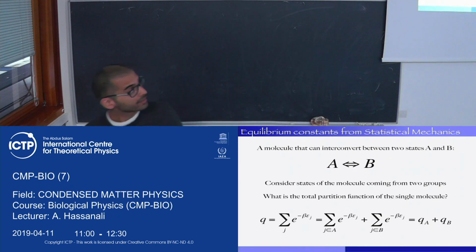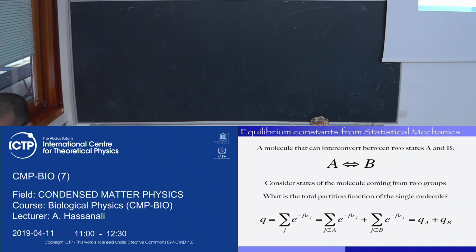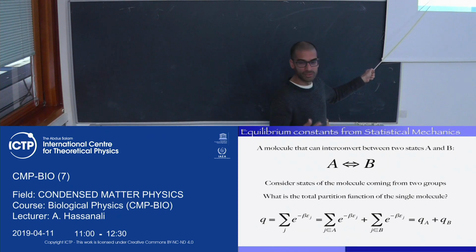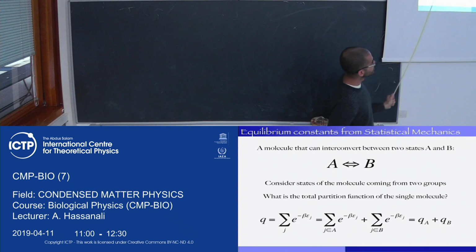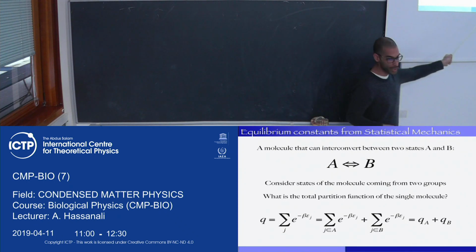I want to know what the total partition function of that single molecule is. Well, if I want to do that, I just need to integrate or sum over e to the minus beta Ej. That can be separated into contributions coming from energies in state A versus those in state B. So the total partition function of my molecule converting between these two states is QA plus QB.